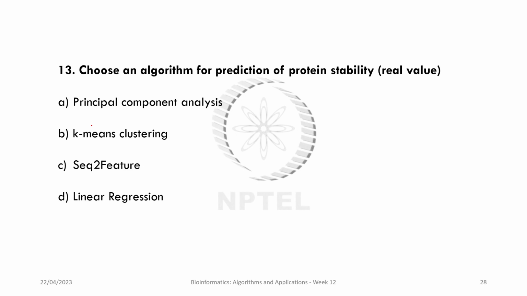Seq2Feature is actually, I have a small clip for it in the next slide. It is not an algorithm for prediction of protein stability. It's a web server where you can input a sequence and get some of its features, but I don't know whether you can call it an algorithm for prediction of a real value for protein stability.